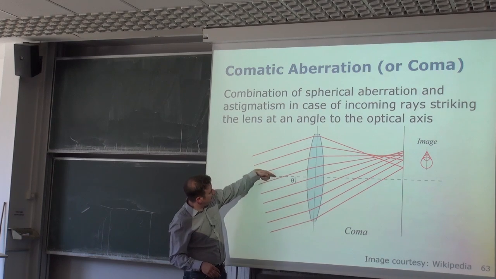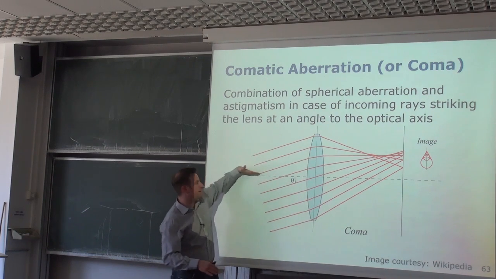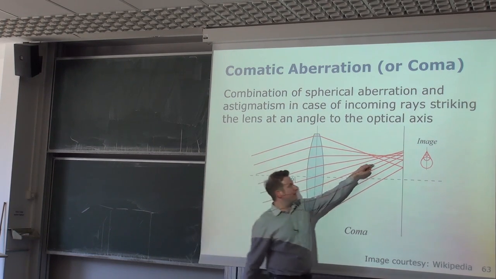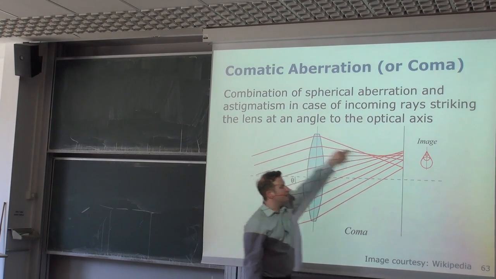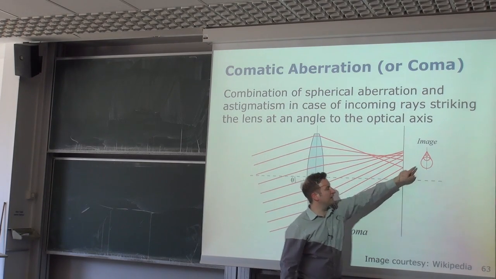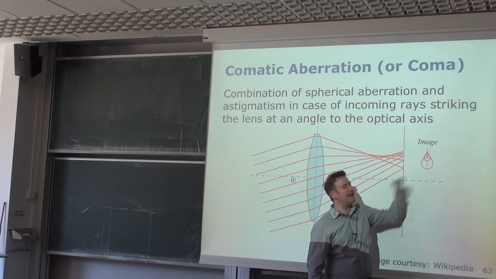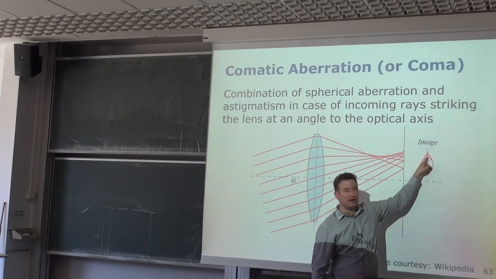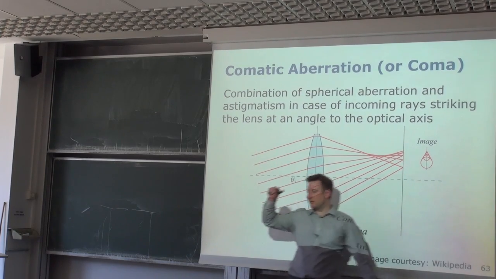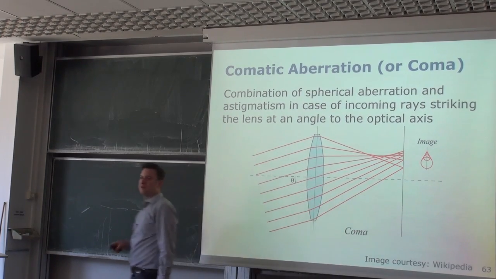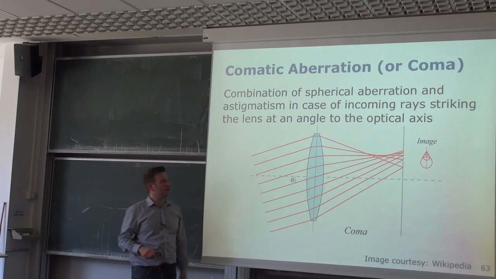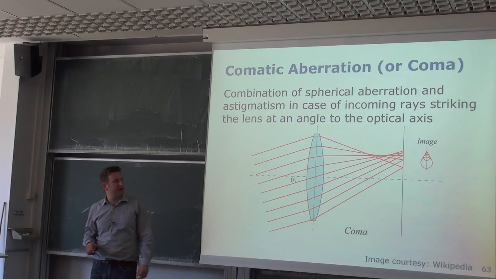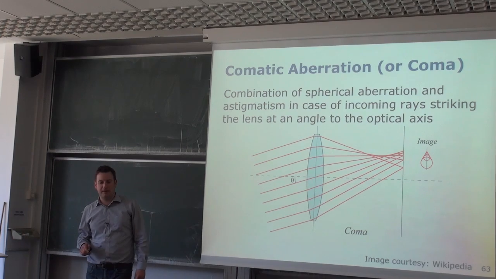Then if the light doesn't come in parallel to the optical axis, you get this effect that those points don't meet in the image plane, and you can get this kind of tail-like structure. So you would expect the object to be here, and you actually get this kind of tail, like a small tail of objects. You don't see that often anymore in lenses, but still, a small effect can be visible.